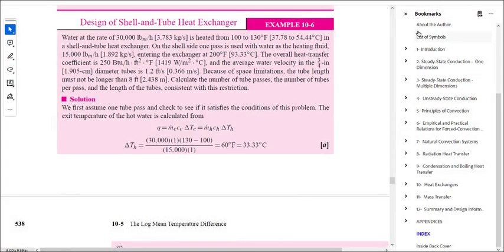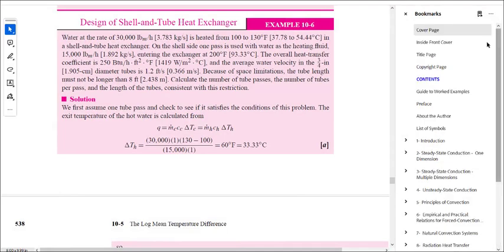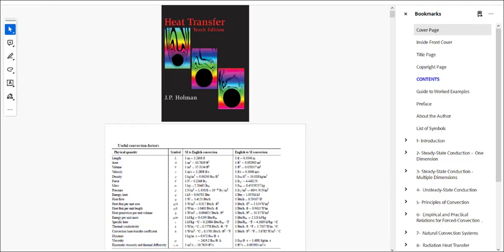Hello guys, I'm here for another problem and example. In this session I want to talk about some heat exchangers. But first, as always, let me introduce the reference, which is the heat transfer book from Professor J.P. Holman.